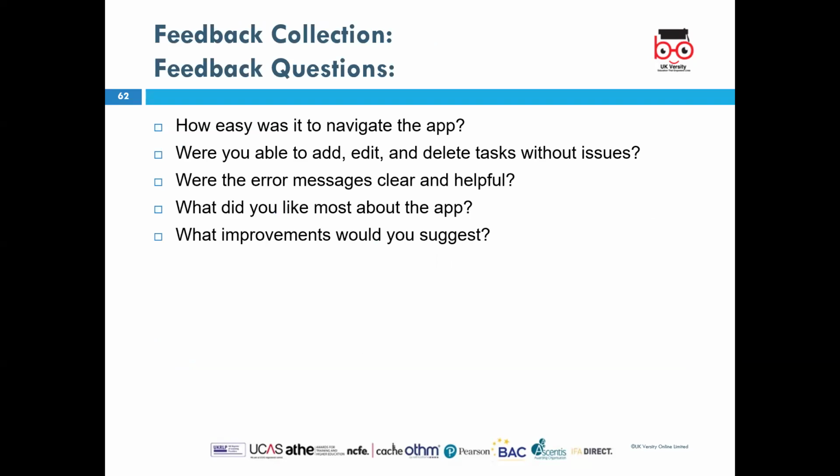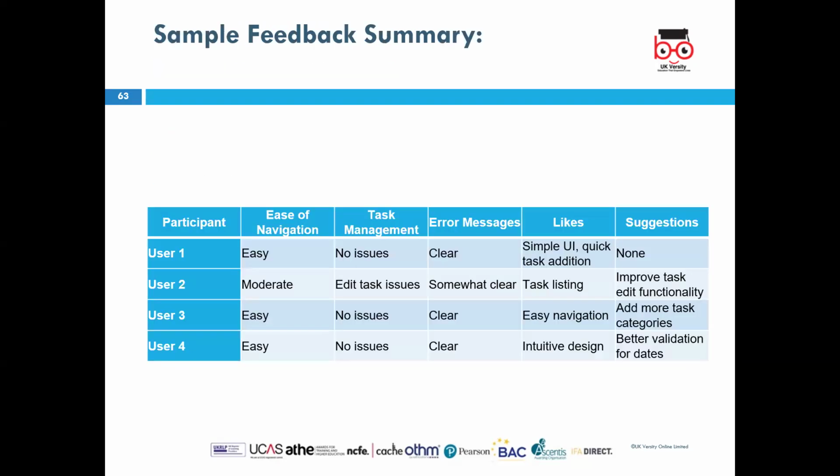So here are some questions that can be added into our feedback collection, such as how easy was it to navigate the app? Were you able to add, edit, and delete tasks without issues? These are some of the common examples that we might use.